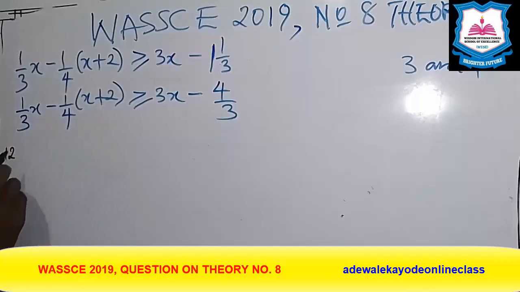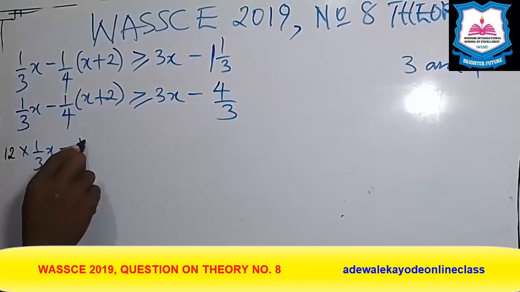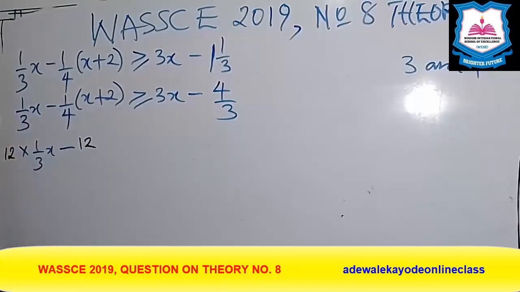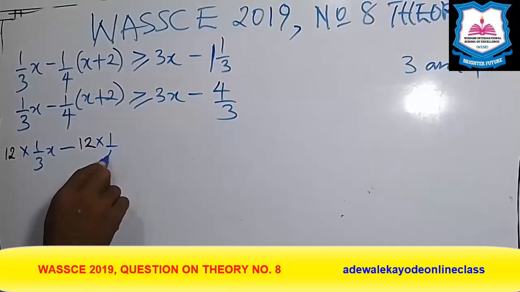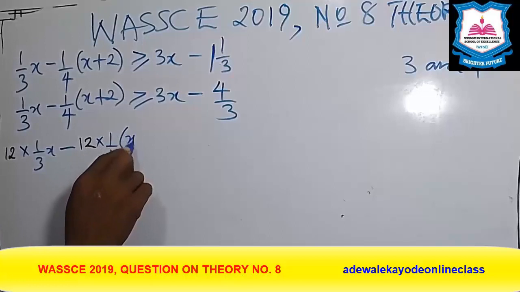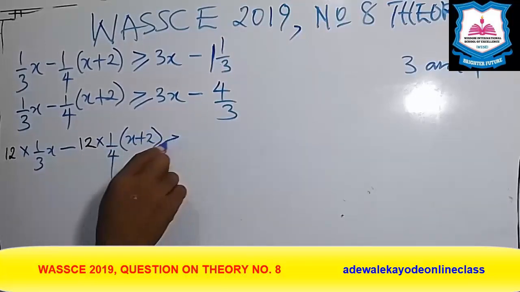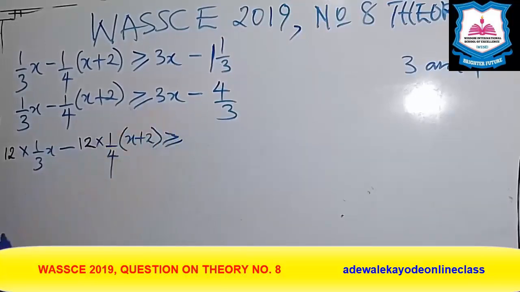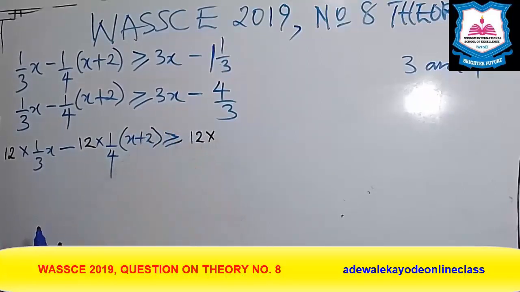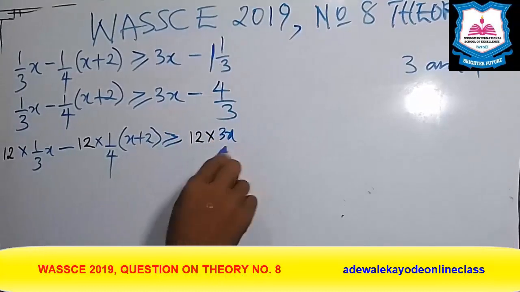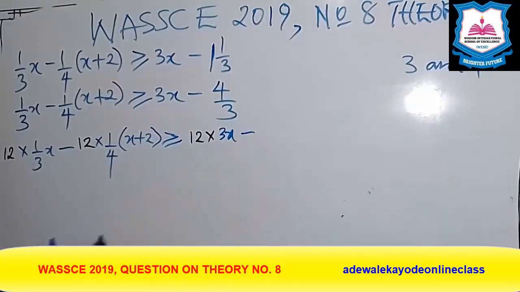The first one is 12 multiplied by 1 over 3x, minus another expression, 12 multiplied by 1 over 4 into (x + 2), greater than or equal to, this is also another value, so we multiply this again by 12, the 3x minus this last one too.